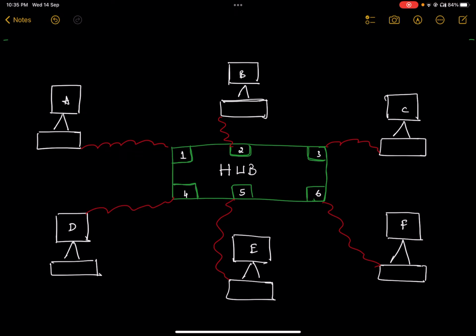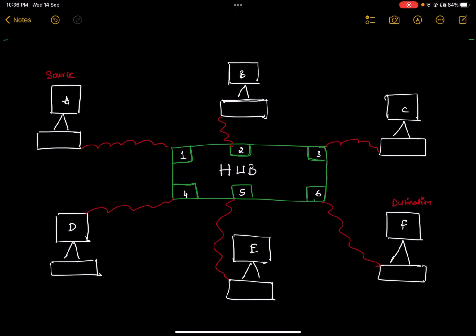This is the scenario that I have. Let's assume all these devices are connected to the hub, and let's mark A as our source and F as our destination, right? So now the requirement is that A needs to talk to F, right?